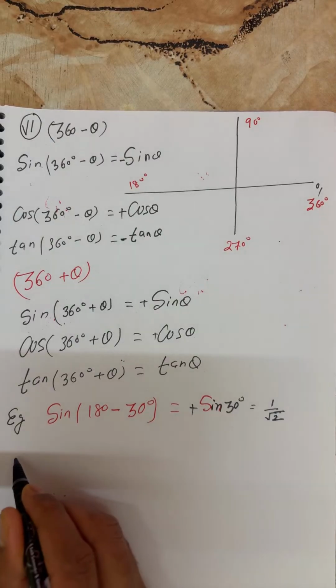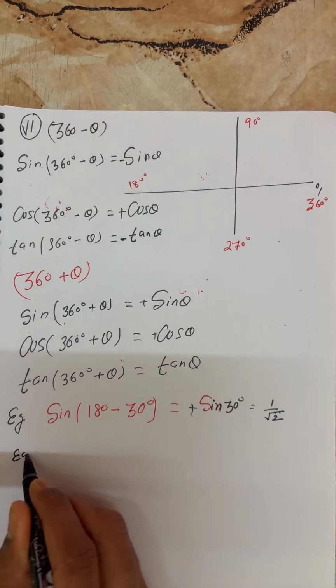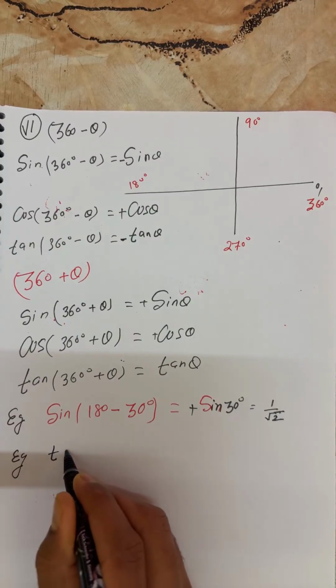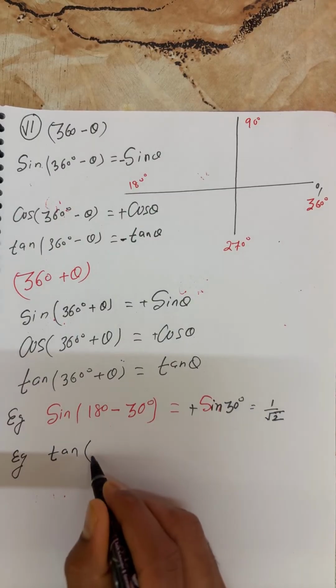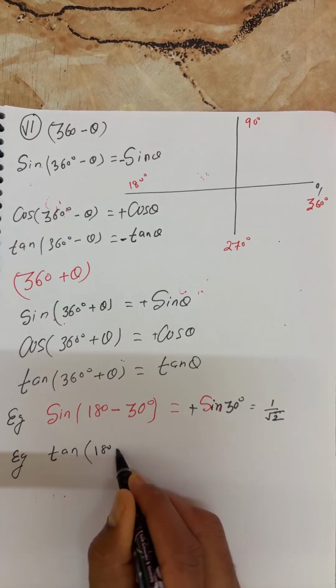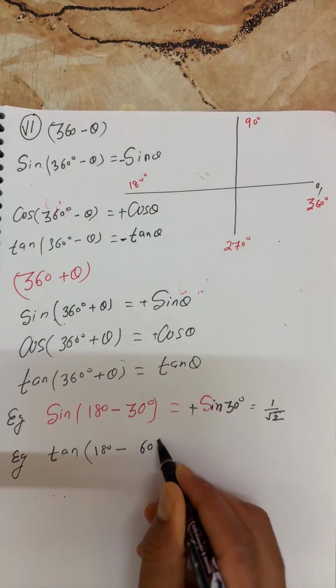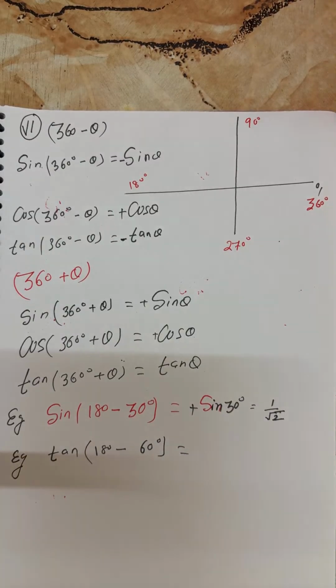Okay beta, next example, my kids. Just do it, beta. Tan of 180 degree minus 60 degree. What is your answer? Sine 30 degree is 1 by 2, correct, student?